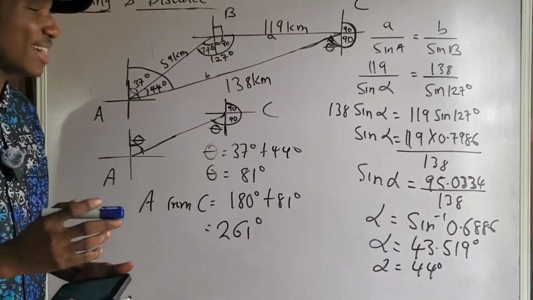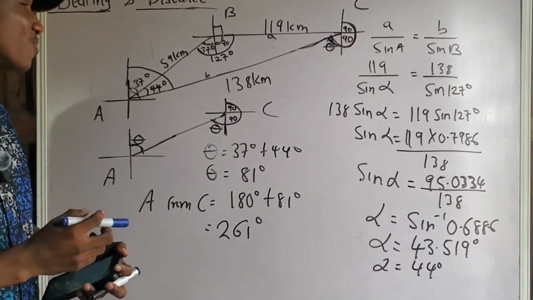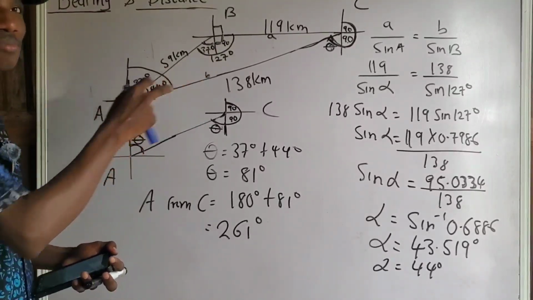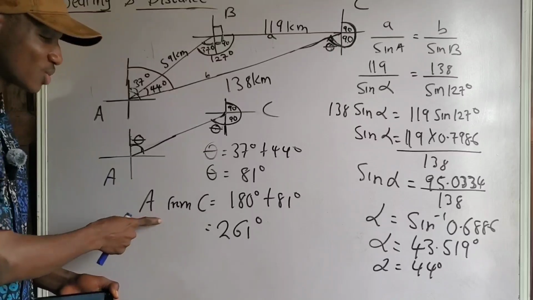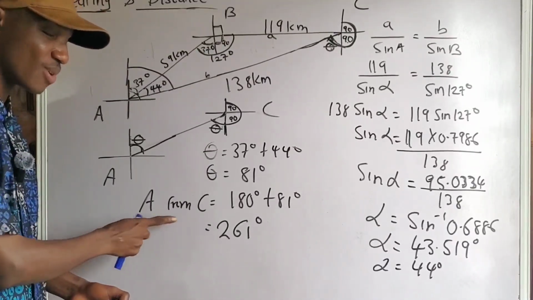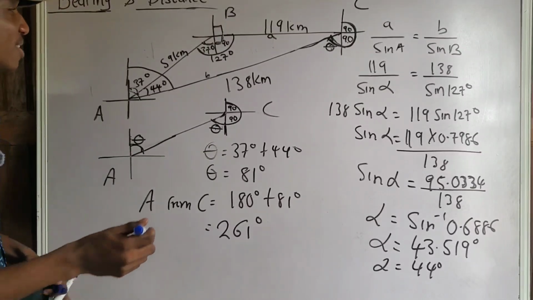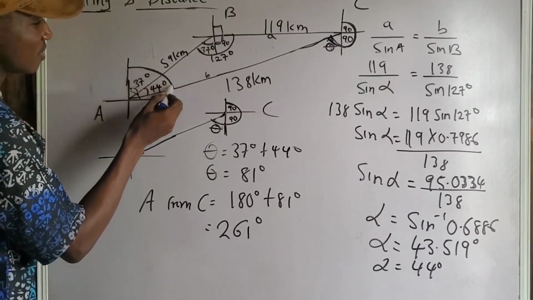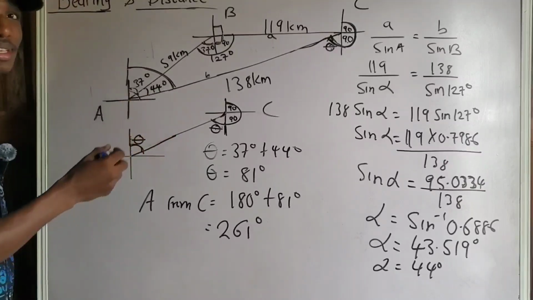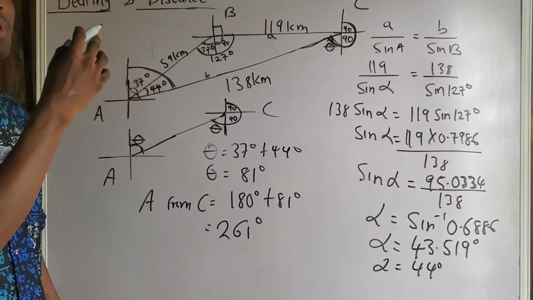Oh, sorry, I just checked the question now and I discovered that we are actually looking for the bearing of C from A. This value that I have here is the bearing of A from C. Now to get the bearing of C from A, the meaning of that statement is: in which direction is C from point A?